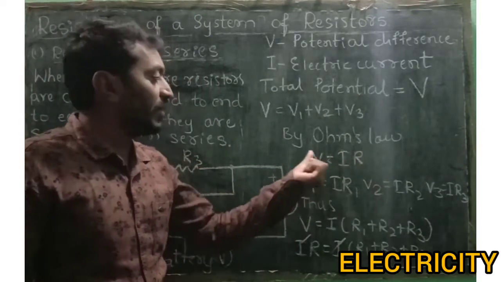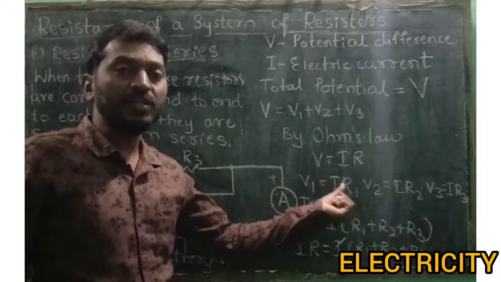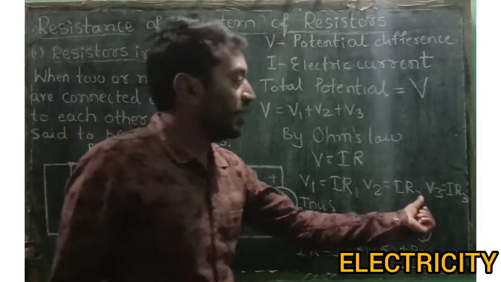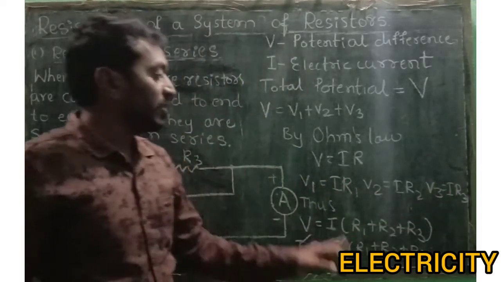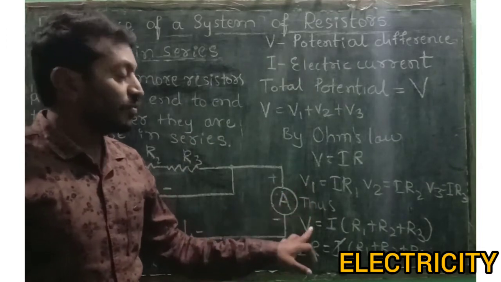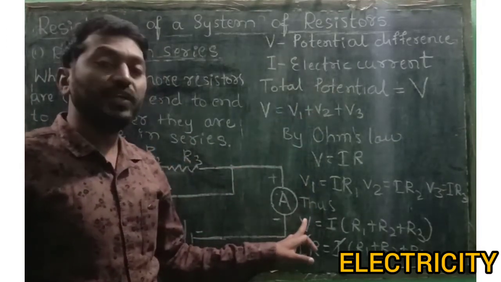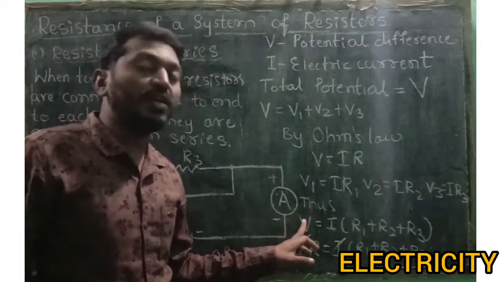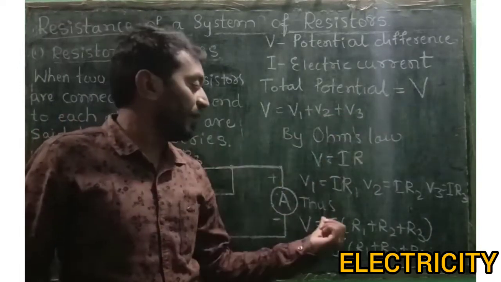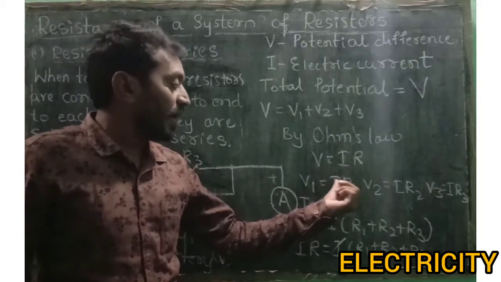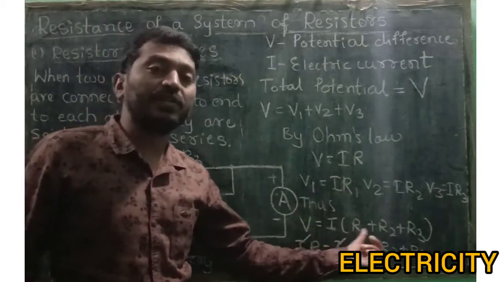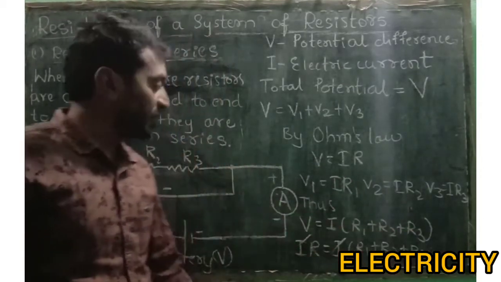So here V1 equals IR1, V2 equals IR2, V3 equals IR3, right? So the total potential V equals V1 plus V2 plus V3. Taking I as a common factor, we get I times R1 plus R2 plus R3.